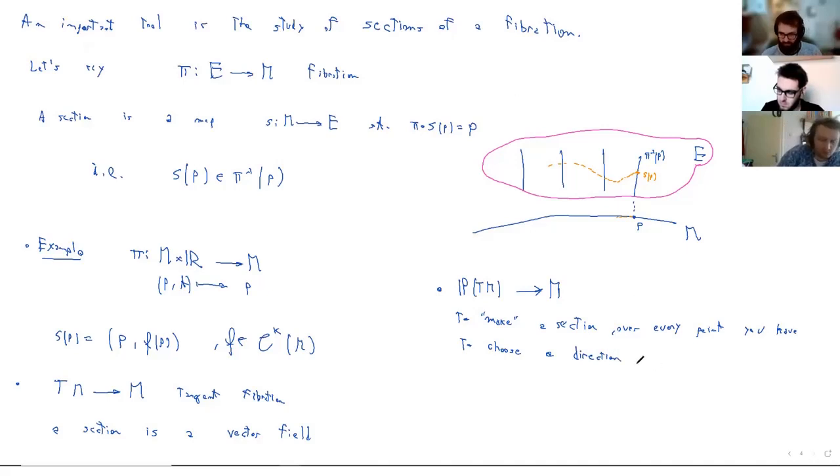A non-zero direction. To choose a non-zero direction, at least in the real case, is equivalent to finding a nowhere zero vector field.